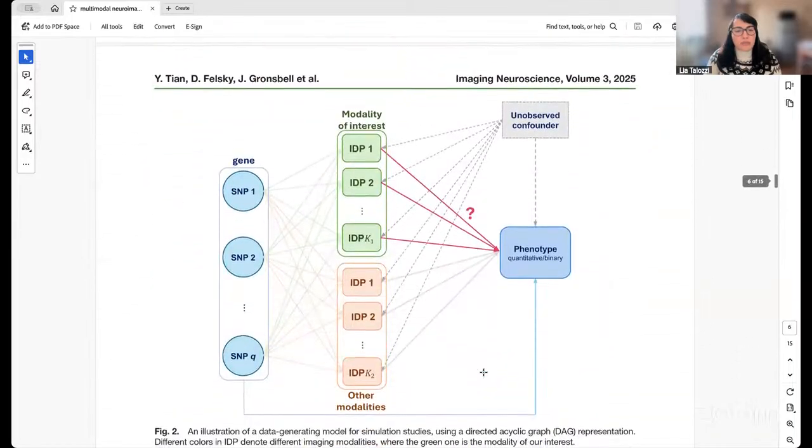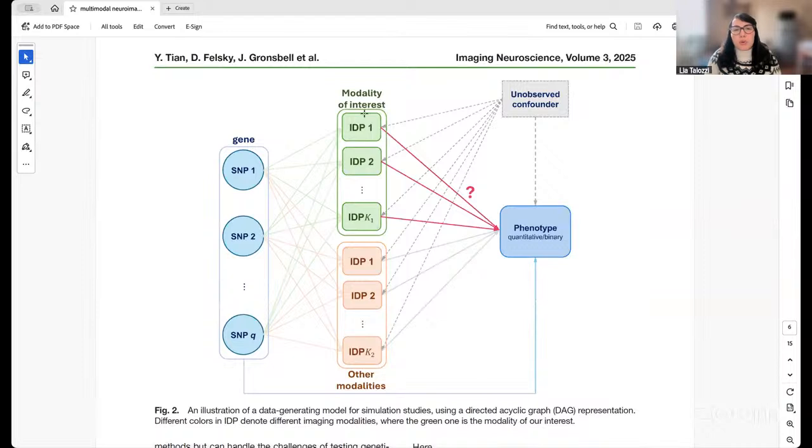So, what do they try to do? They try to put all these imaging derived phenotypes, IDPs, within one modality. So, they are creating a unique information for each imaging phenotype, and then they correlate the genetic part.